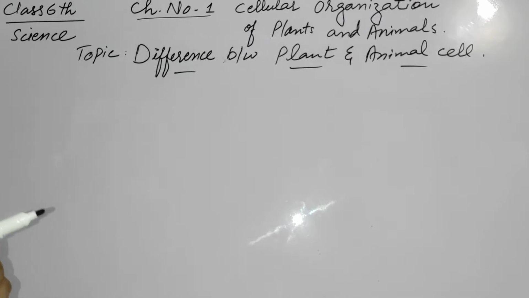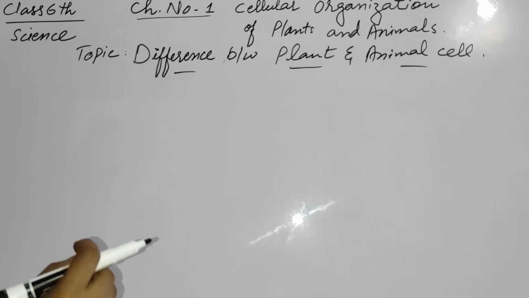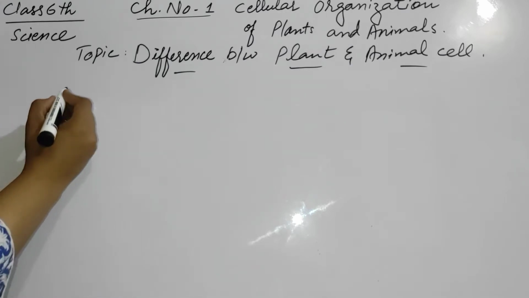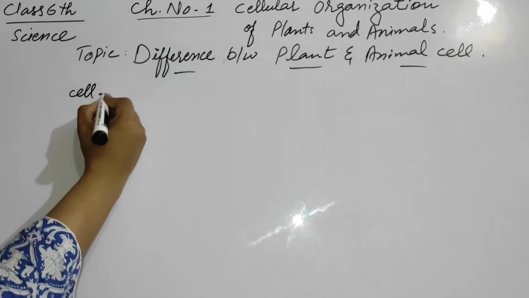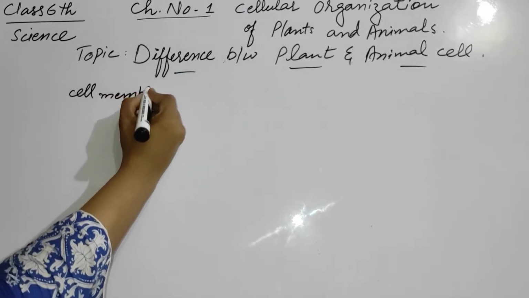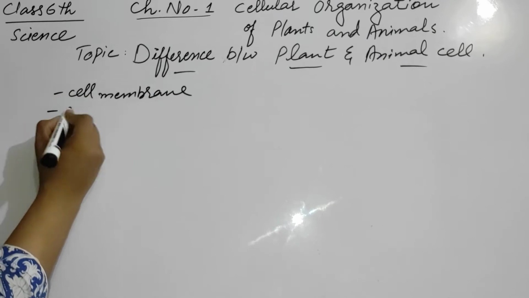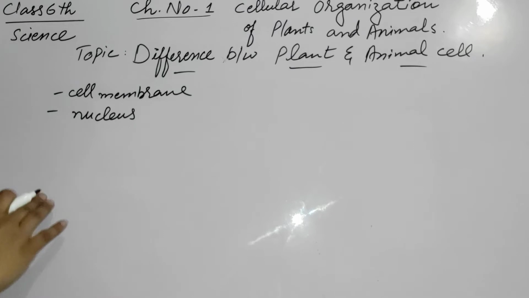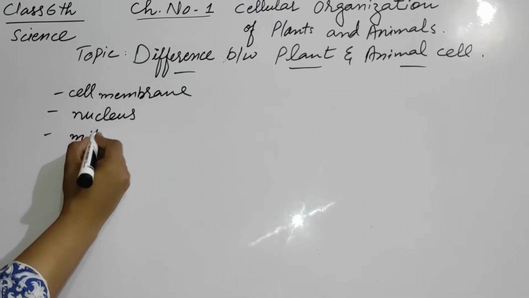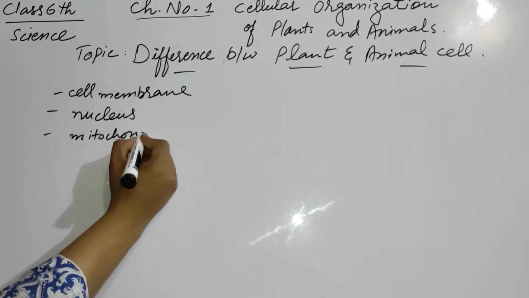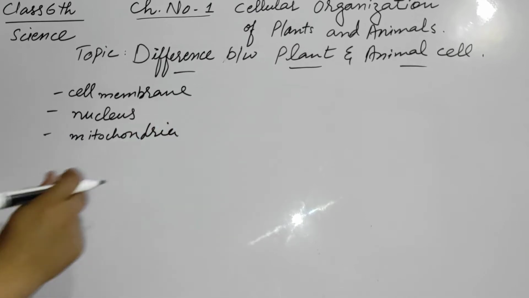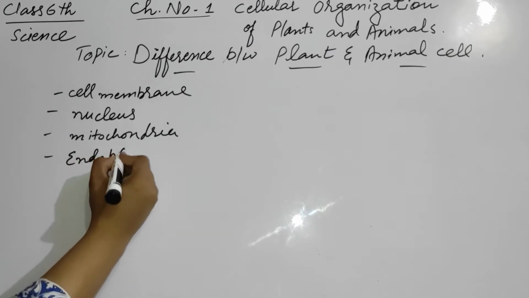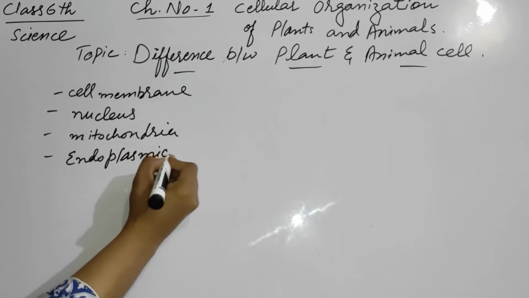First of all, some resemblance and some similarities are present in both cells. These are the cell membrane, as well as the nucleus, mitochondria, and endoplasmic reticulum.